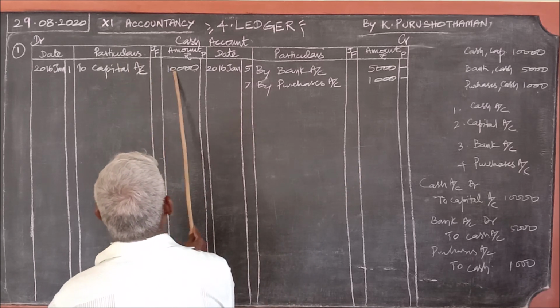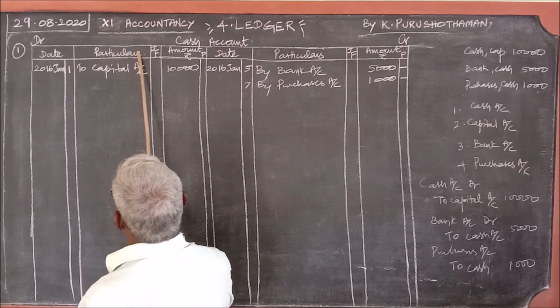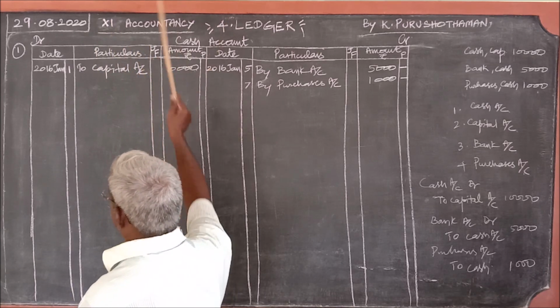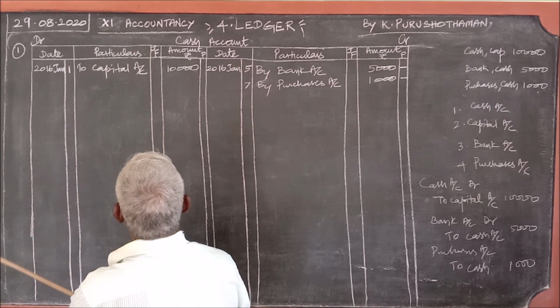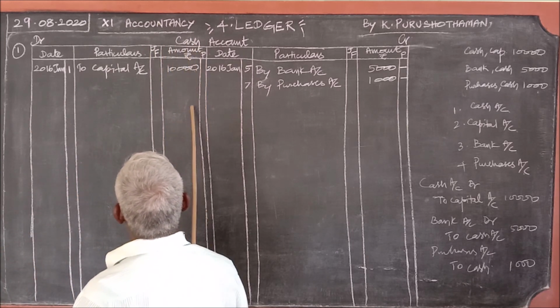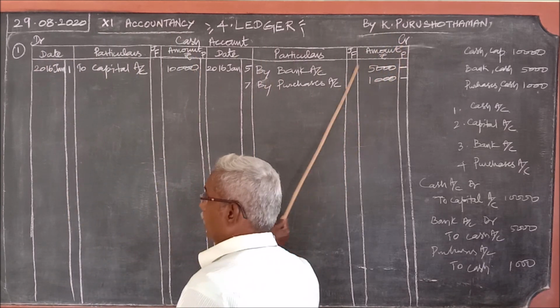The same 4 columns on both the sides. This debit side: date, particulars, then in the journal ledger folio, in the ledger journal folio, opposite, then amount in rupees. The same 4 columns for the credit also we have written.